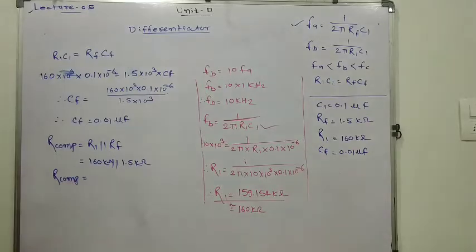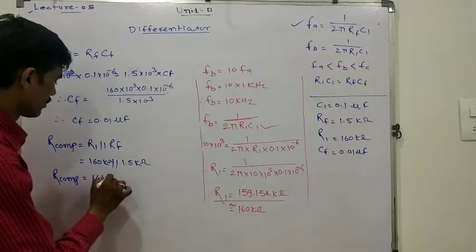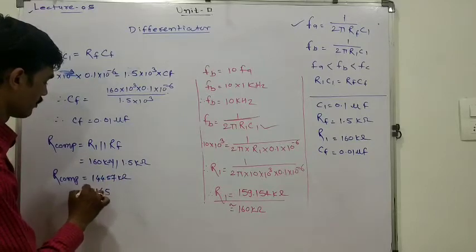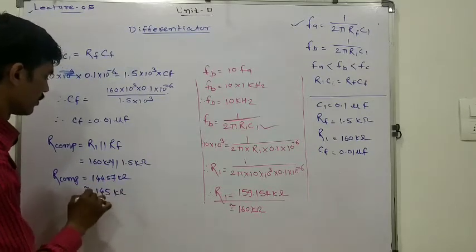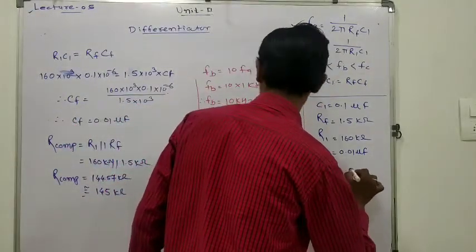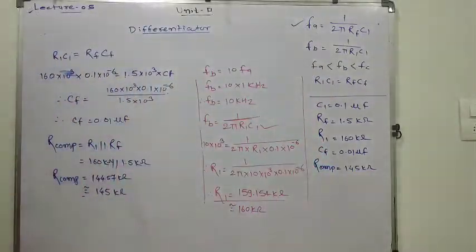So our compensating value is equal to 144.57 kilo ohm. So it is 145 kilo ohm. So R compensating is equal to 145 kilo ohm. If 145 standard value is available, then you can use this.